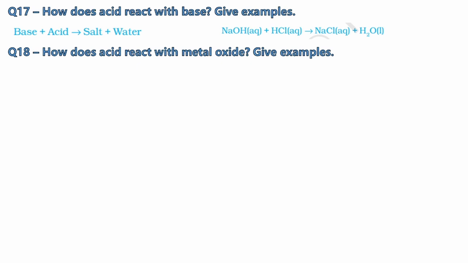I repeat again. Acid with just a metal gives you hydrogen. Acid with a metal carbonate gives you carbon dioxide. Acid, when reacted with a metal oxide, will give you water. So metal oxide plus acid will give you salt and water.